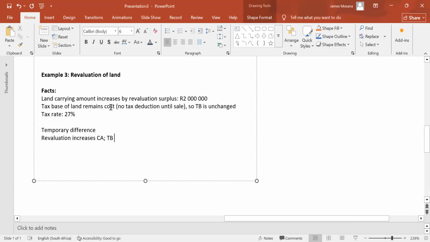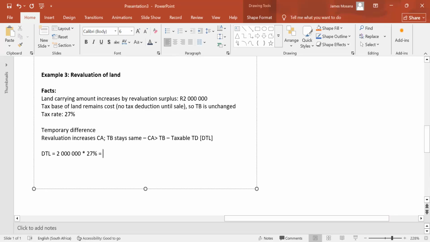However, the tax base stays the same. Therefore, the carrying amount being greater than the tax base will result in a taxable temporary difference, which creates a deferred tax liability. Right. So our deferred tax liability would be the 2 million multiplied by 27%. So what do we get in our calculators?